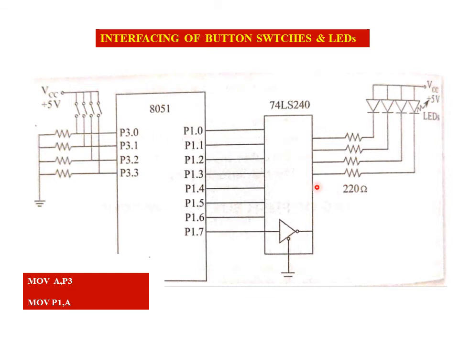Now this is the main circuit to pass data from port 1 to the LEDs. The driver circuit, the 74LS240, inverts the data you give as input to the output.